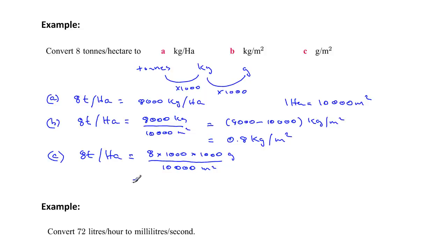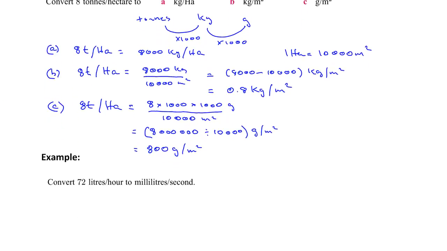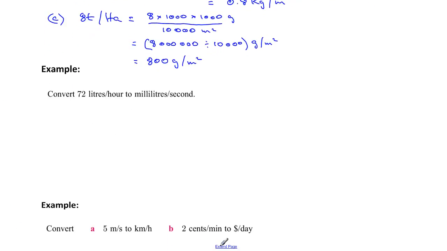So when we divide all this out, at the top we end up with 8 million grams, and we divide it by our 10,000 at the bottom, and that will give us our answer in grams per square metre, which simplifies down to 800 grams per square metre.